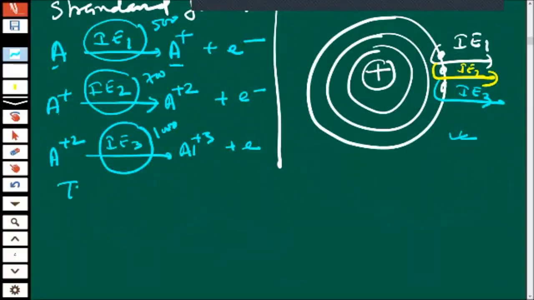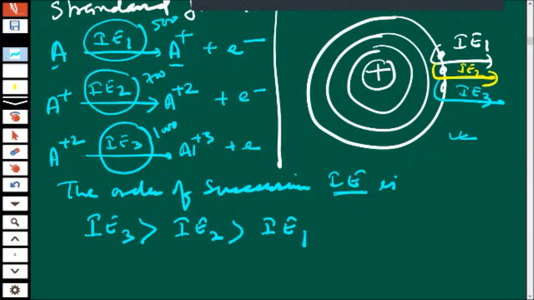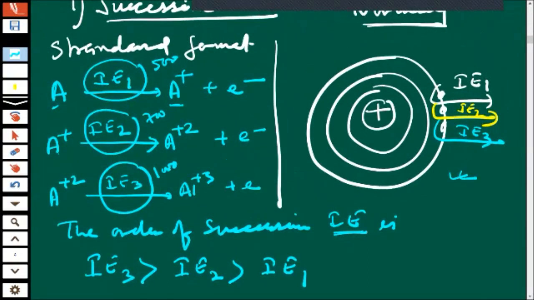So the order of successive ionization energy is IE3 is more than IE2 is more than IE1. Children, is this concept clear?